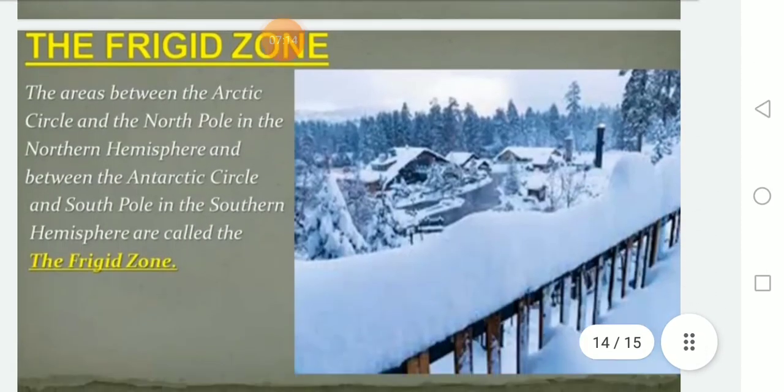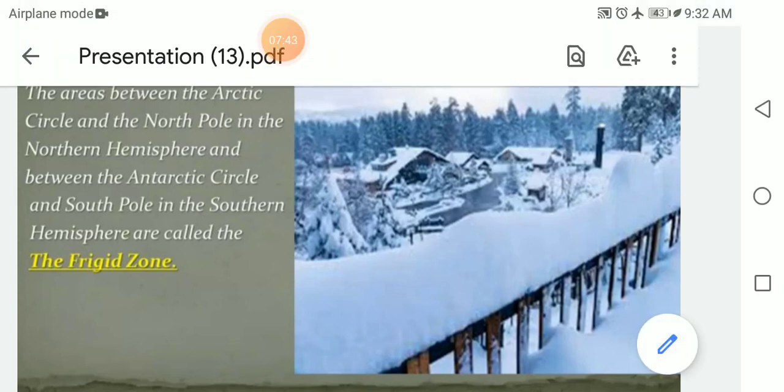And then the frigid zone: the areas between the Arctic Circle and the North Pole in the northern hemisphere, and between the Antarctic Circle and the South Pole in the southern hemisphere, are called the frigid zone. You can see in this picture that we have snow in these areas, especially at the North Pole and the South Pole.